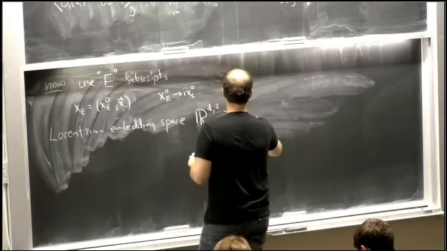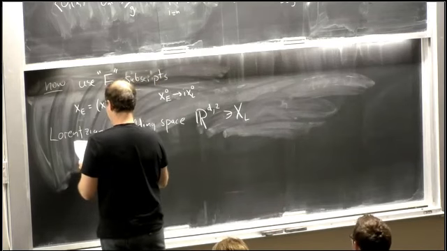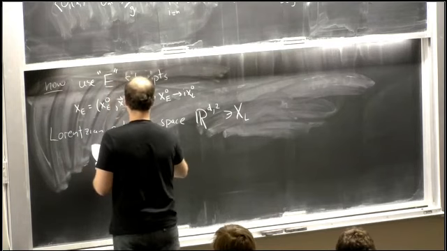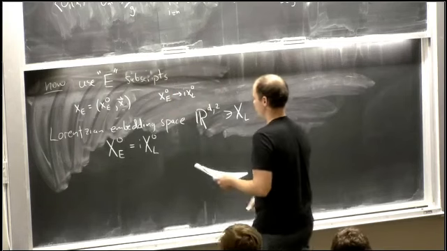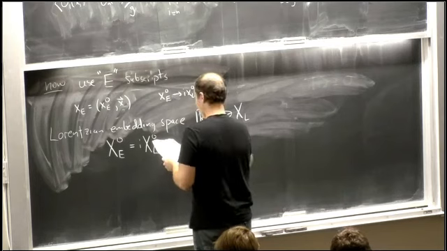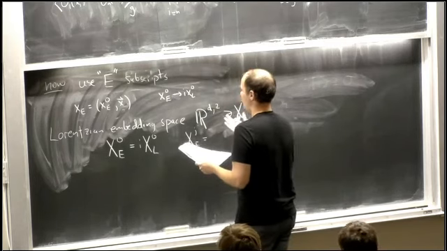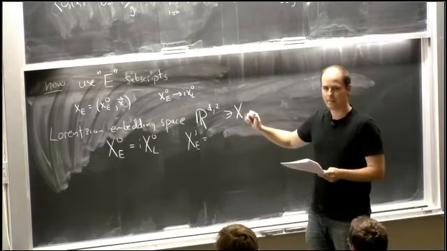I'll denote a vector in this space by X_L. And the coordinates of X_E and X_L will just be related by a factor of i in the 0th component. So we have this relation, and all the other coordinates will just be the same. It's just a different labeling of the same complex space, if you like, a different labeling of the coordinates on C^{D+2}.